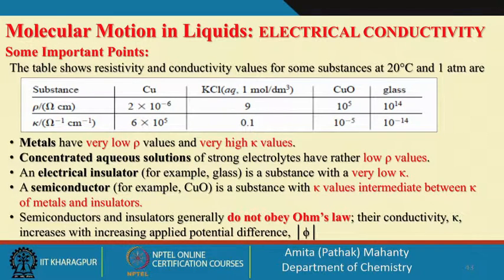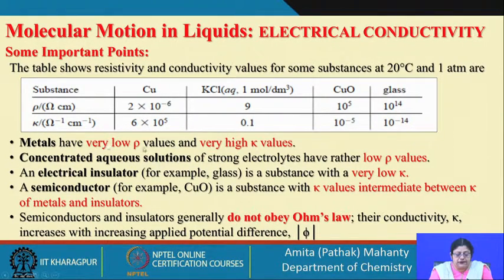It's just another point. When we are talking about kappa and rho, we look into the table. We have 3 or 4 parameters. Look at the metal: copper is a metal, this is an electrolyte, and glass is an insulator. The values of conductivity kappa and the resistivity rho are given for all.